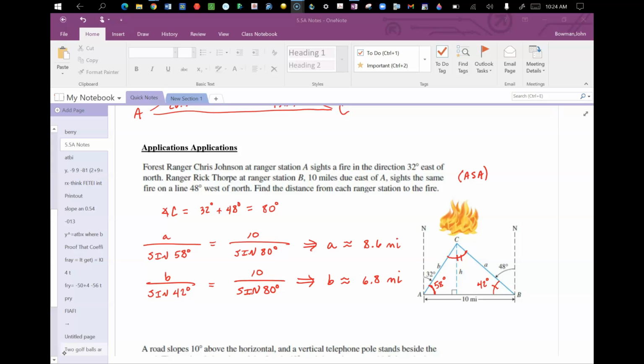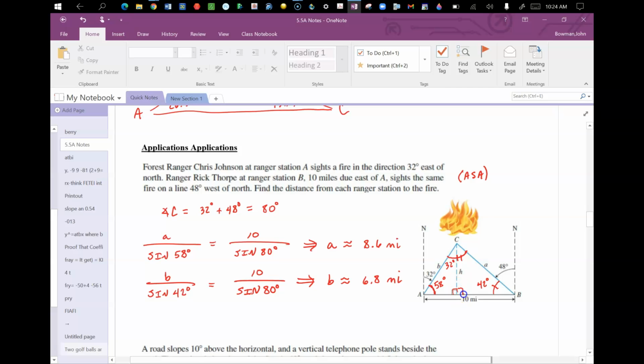All right, so the first thing that you have to do to solve this triangle, to solve for sides A and B, is find the measure of angle C in triangle ABC. And to do that, we use the two right triangles and the fact that the sum of the angles in a triangle is equal to 180. So we have the 58-degree angle and the 90-degree angle, and to that, if we add 32 degrees, we will have 180 in the right triangle on the left.